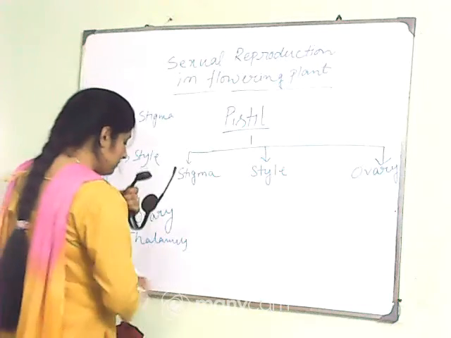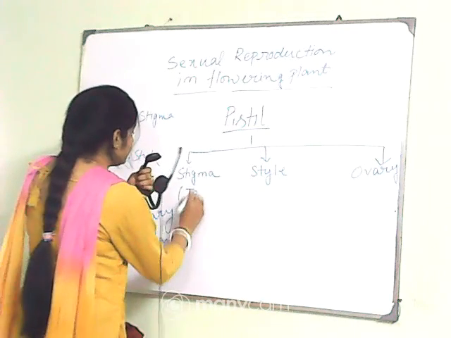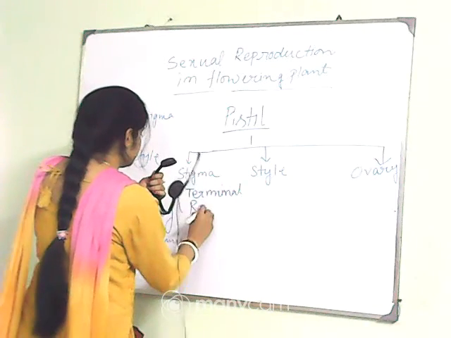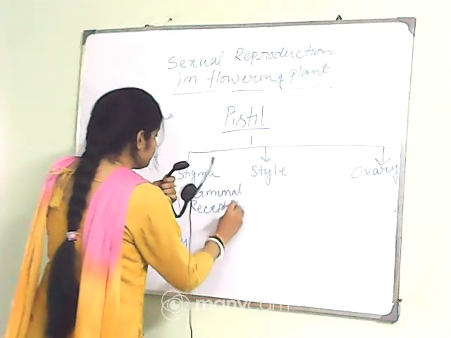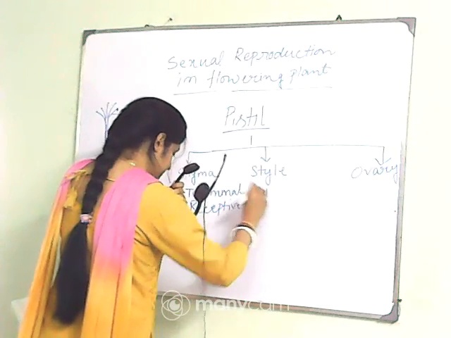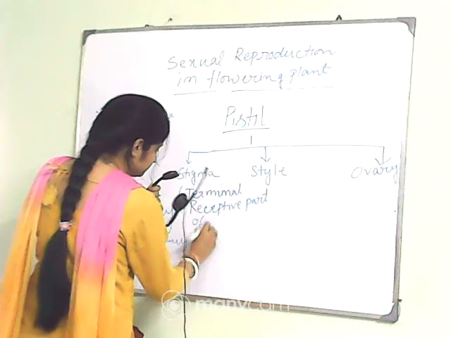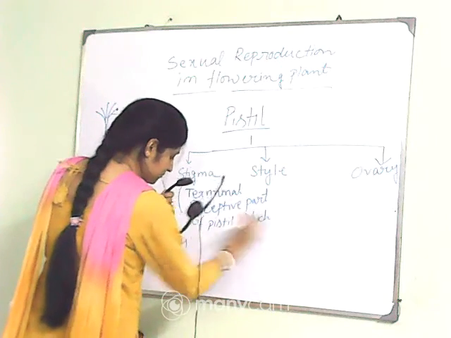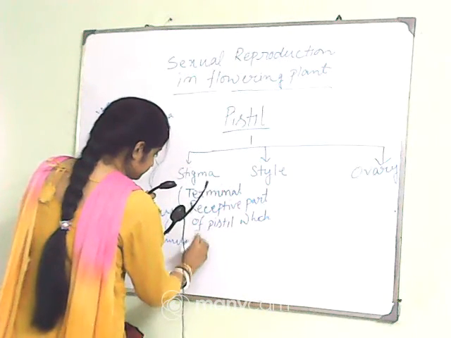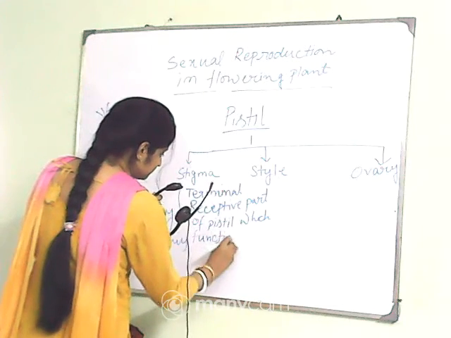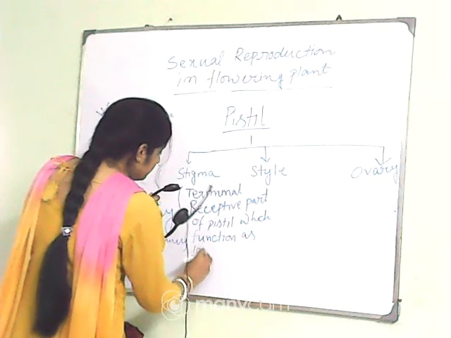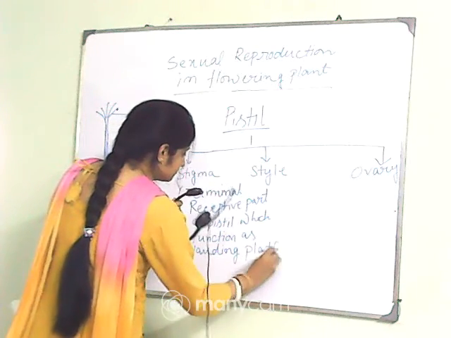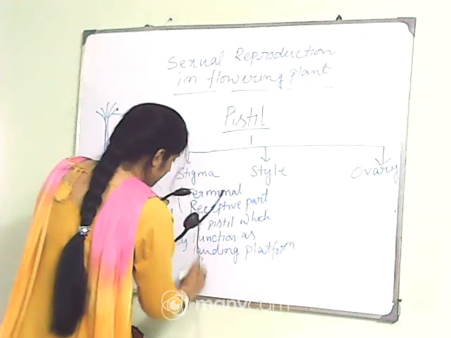Okay. So you can say the stigma is the terminal receptive part of the pistil, which functions as a landing platform for pollen grain.